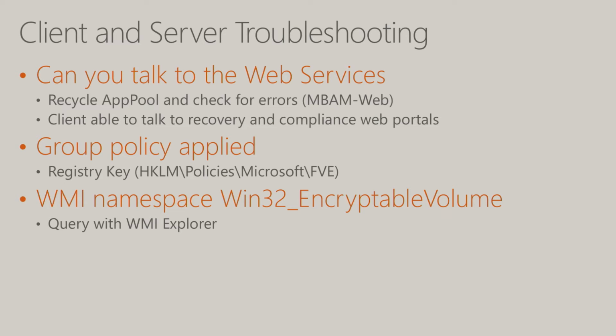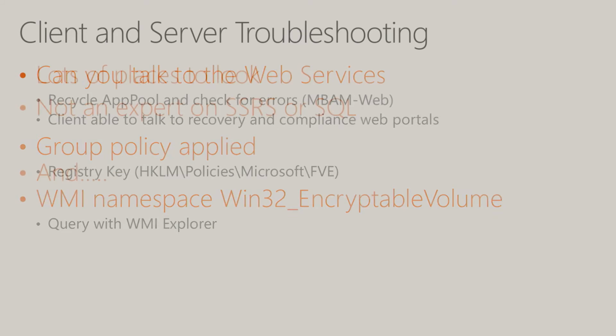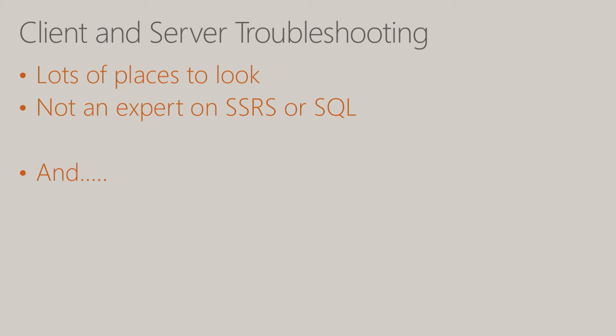So, group policies applied, and who in here has seen the problem with Win32 encryptable volume? I've seen it. It gets corrupt, and so you have to rebuild it. It's not a fun one. So, okay. As you can see, there are lots of places to look, and who in here is an expert on SQL and SSRS? I'm not.